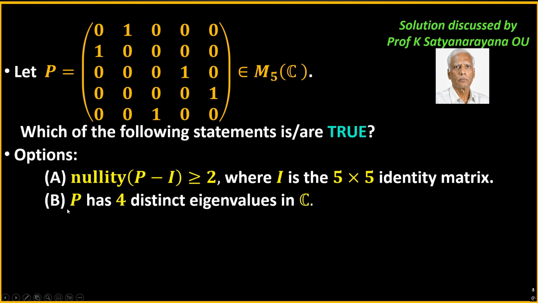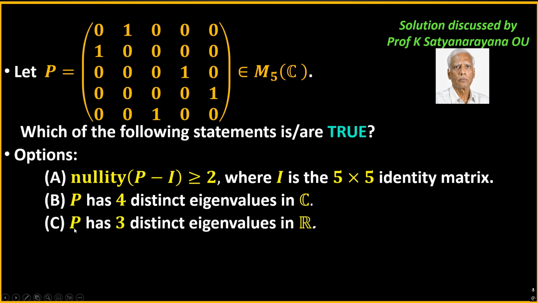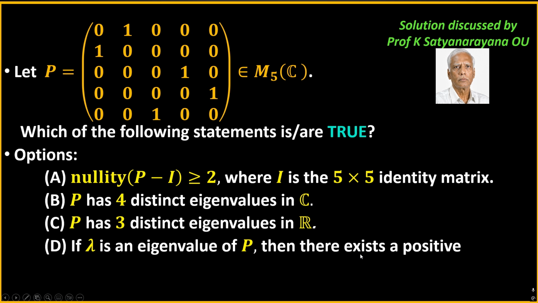Option B, P has 4 distinct eigenvalues in C. Option C, P has 3 distinct eigenvalues in R. Option D, if lambda is an eigenvalue of P, then there exists a positive integer n such that lambda power n is equal to 1.